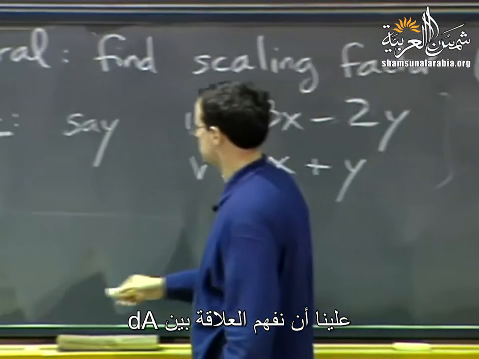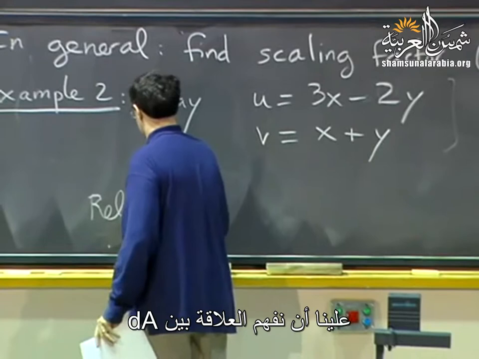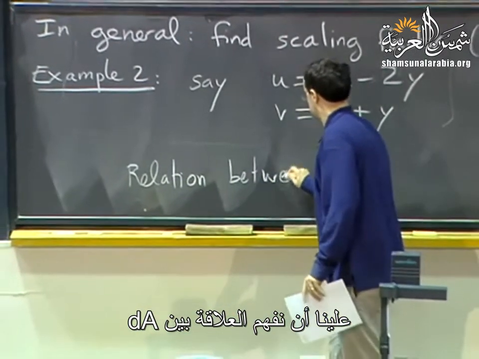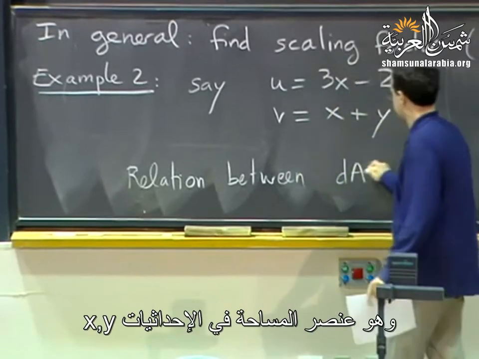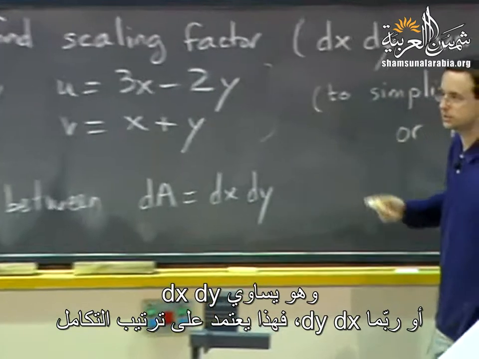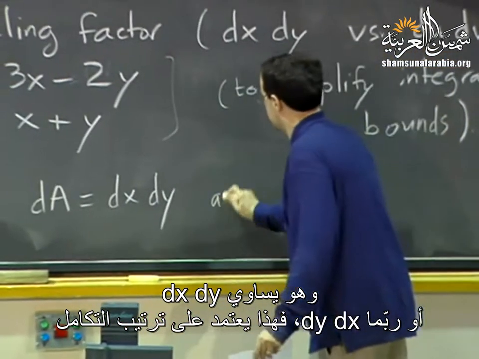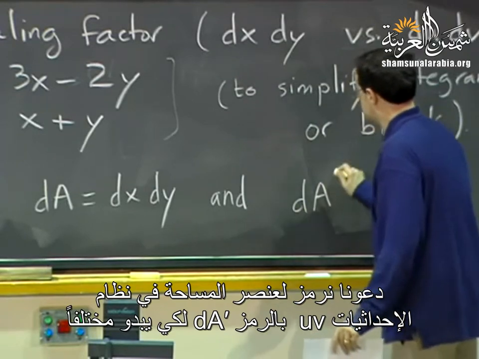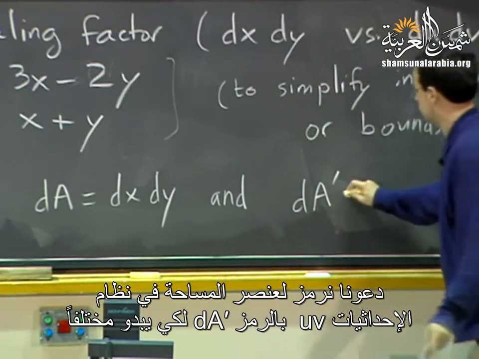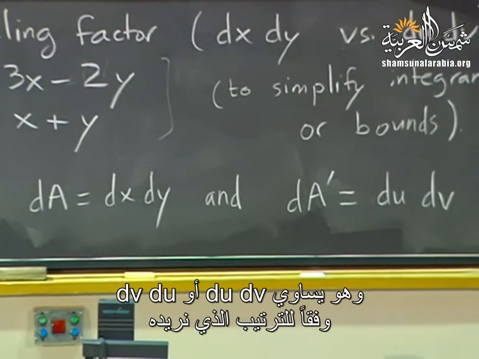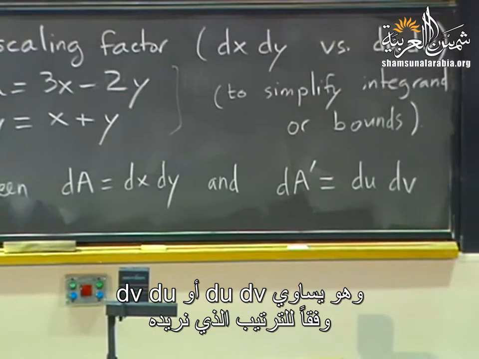So we want to understand the relation between, let's call dA the area element in xy coordinates. So dA is dx dy, or maybe dy dx, depending on the order. And the area element in uv coordinates, let me call that dA prime, just to make it look different. So that would just be du dv or dv du, depending on which order I want to set it up in.